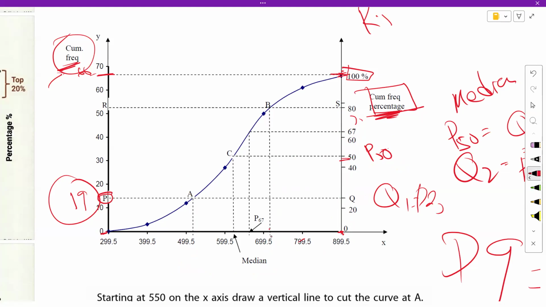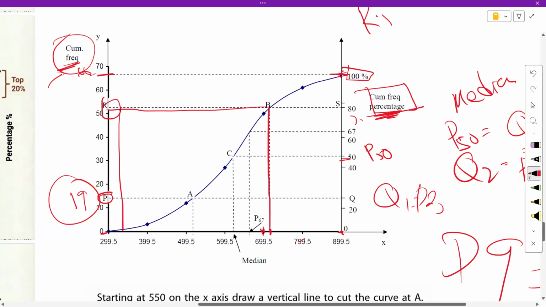Okay, this is the point 725. Bring this point across. How many? Right here. So up to this point are the employees who have traveled less than 725.